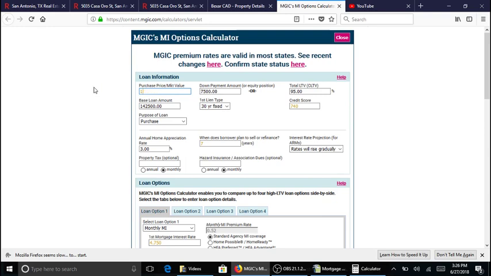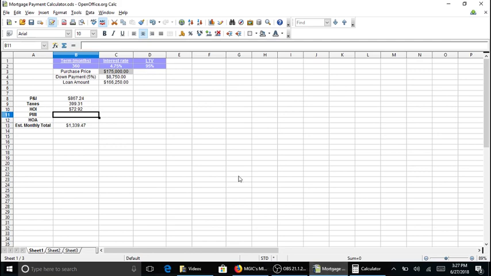Our purchase price was 175. Loan to value over here, 95%. Let's assume your credit score is 740. On a 30-year fixed mortgage, your loan amount is 166,250, right?